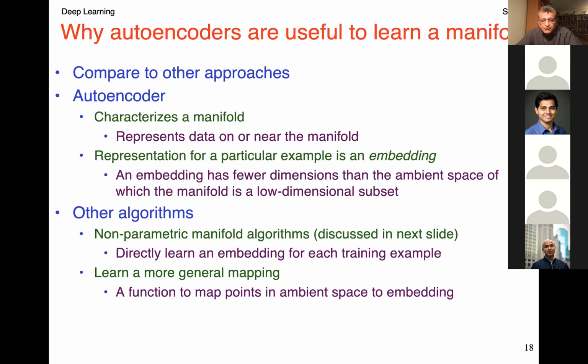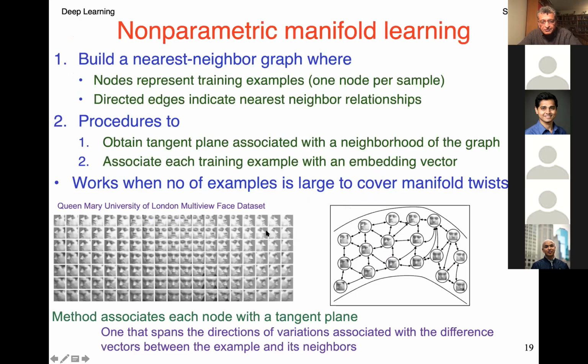An embedding has fewer dimensions than the ambient space, of which the manifold is a low dimensional subset. And there are other algorithms, non-parametric manifold algorithms discussed in the next slide, which directly learn an embedding for each training example. Or we can learn a more general mapping, a function to map points in ambient space to an embedding. So let's look at non-parametric manifold algorithms.